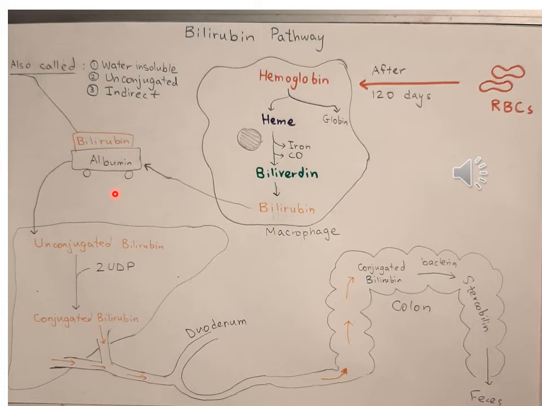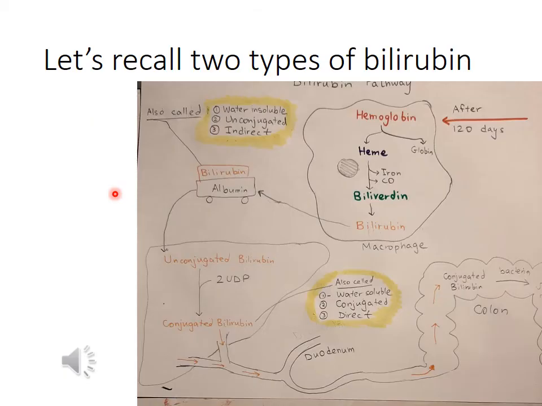This stercobilin is excreted from the body in the feces. So by this pathway, the bilirubin which was toxic, we removed from the body in the form of stercobilin. Let's recall the two types of bilirubin we saw in the bilirubin pathway.